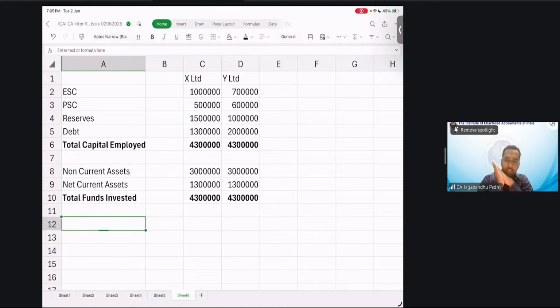Just by looking at these plain numbers, which of these two companies has greater long-term solvency, guys? Which of these two do you feel has a greater degree of long-term solvency?